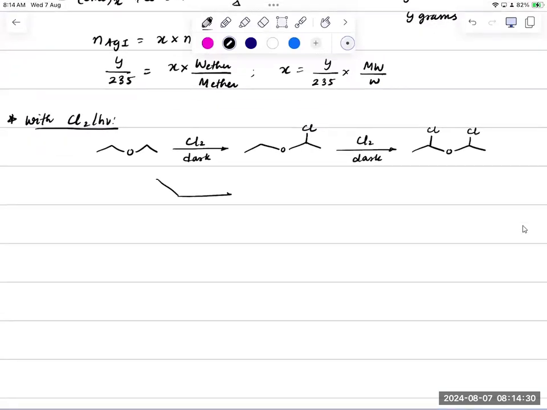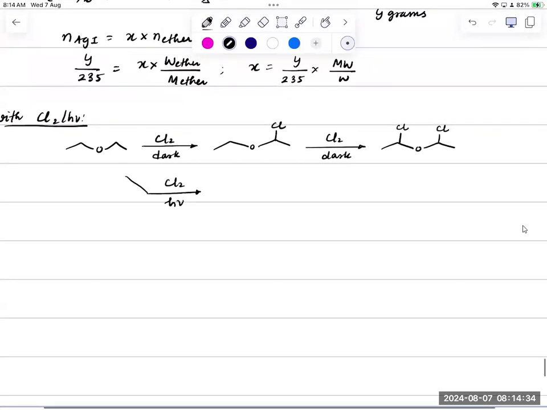But if Cl2 and light is given, in that case all hydrogens will get replaced by chlorine. So you could notice that all of the chlorines will get replaced here.